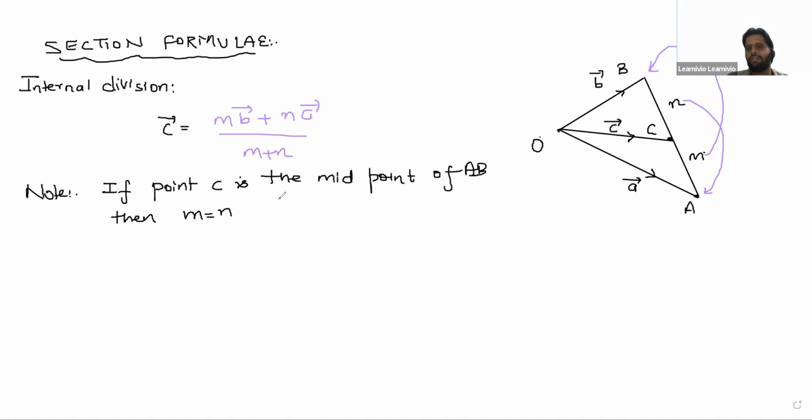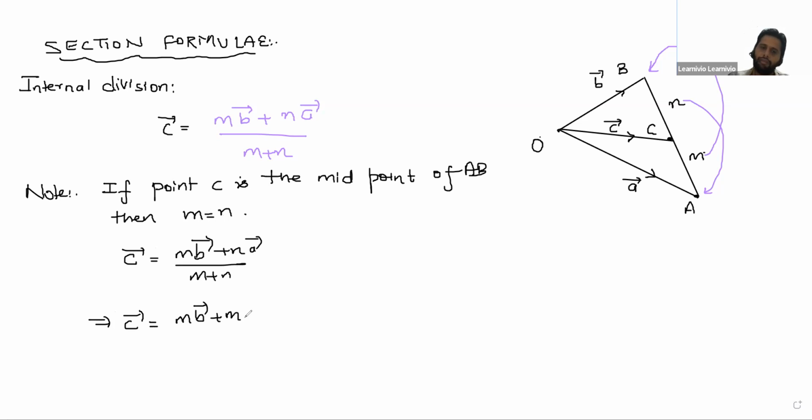When m is equal to n, what can we do? We have C is equal to (mB plus nA) by m plus n. In place of n, we can write m. So C is equal to (mB plus mA) by m plus m.